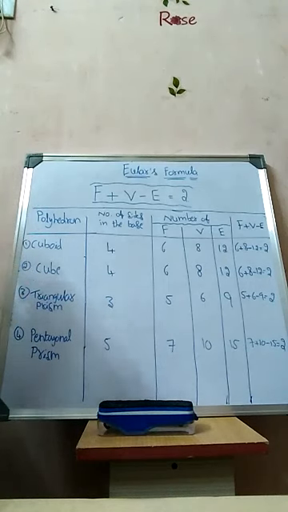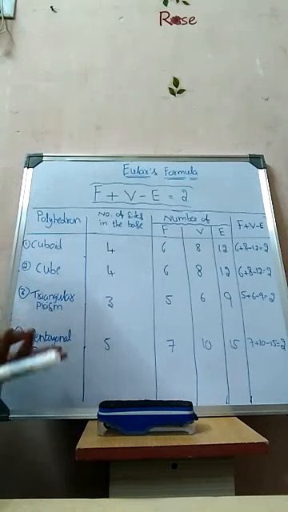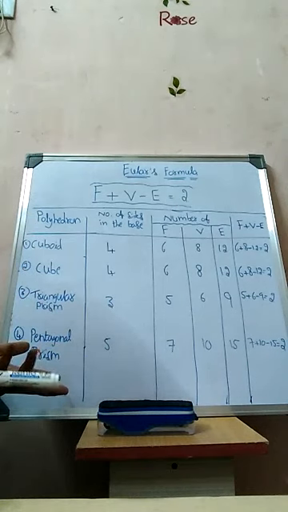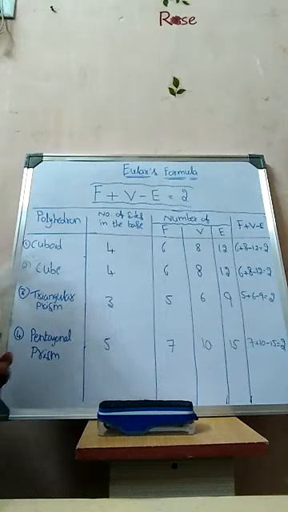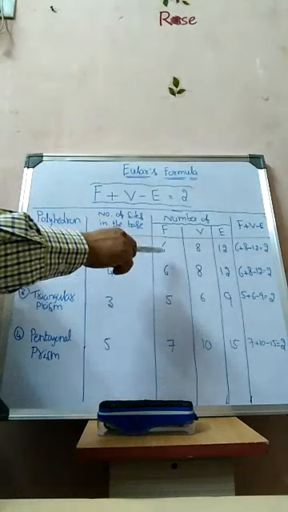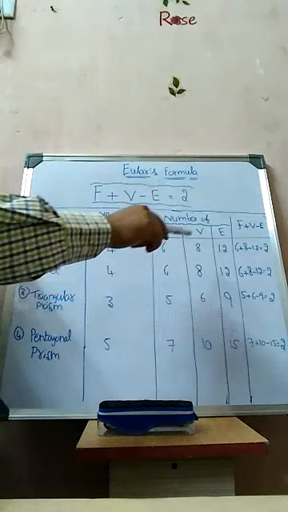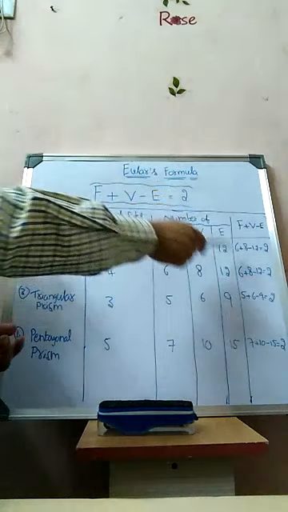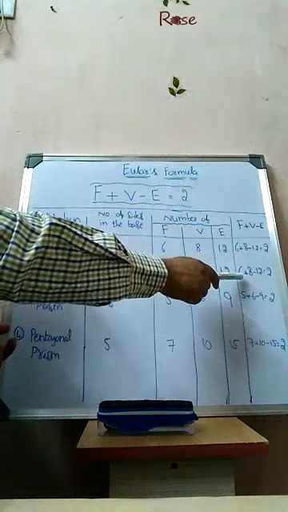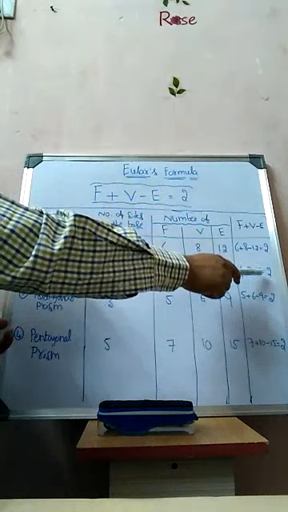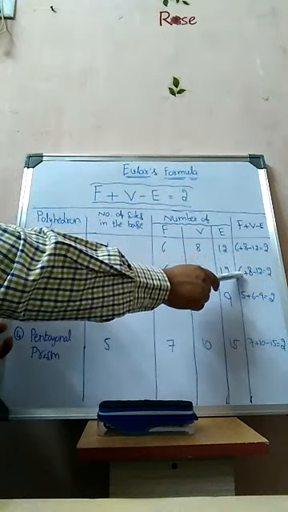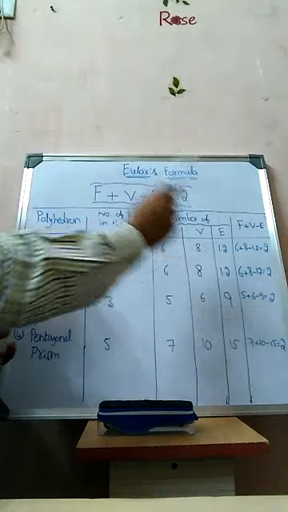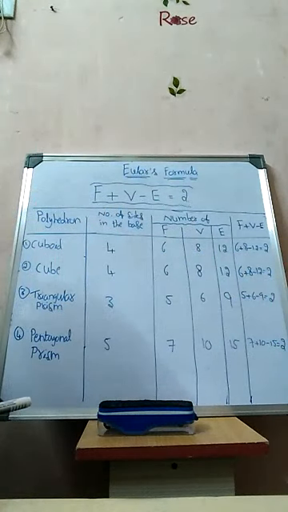We know cube also has 4 sides in the base, same as cuboid. And for cube, it has 6 faces, 8 vertices, 12 edges. Substitute in Euler's formula, that means faces plus vertices minus edges, that is 6 plus 8 minus 12. Again it gives 2.